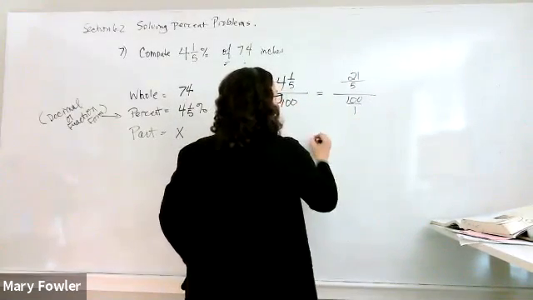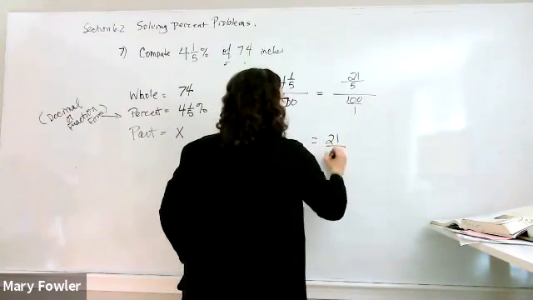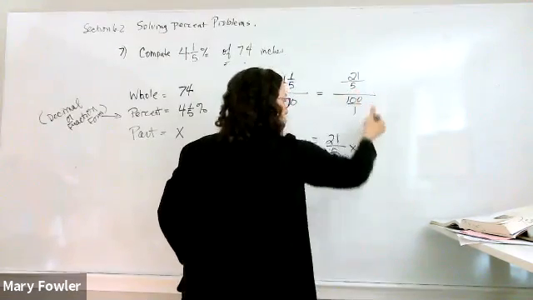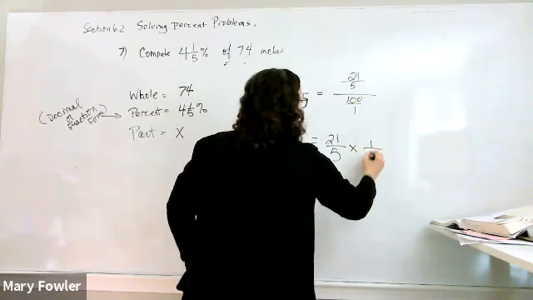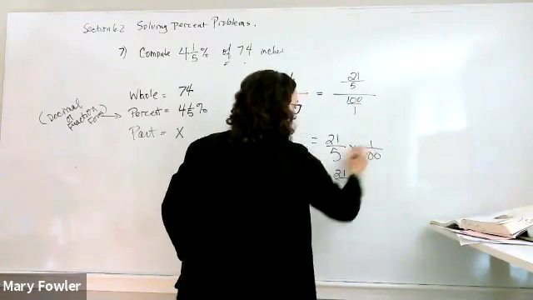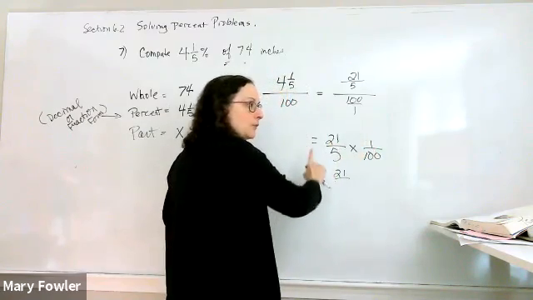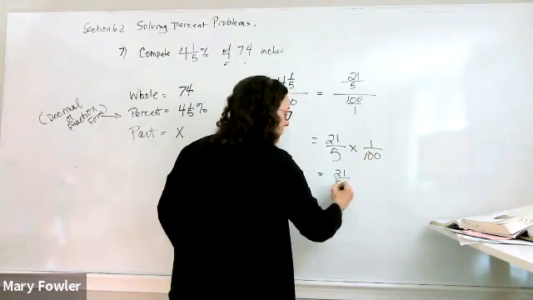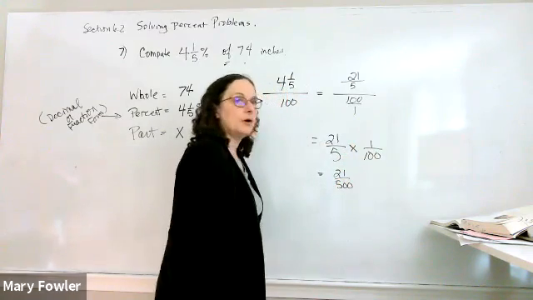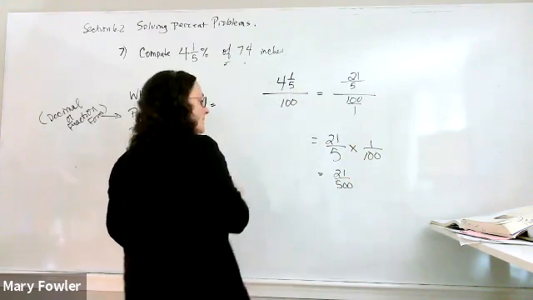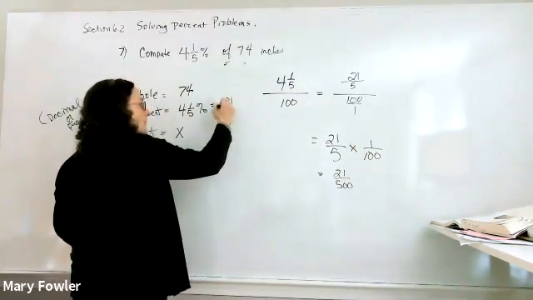Go ahead and do this here. So we have 21 over 5 times the reciprocal 1 over 100. And we get 21, numerator times numerator is 21, and denominator times denominator, 21 over 500. So that's how we express this percent in fraction form.